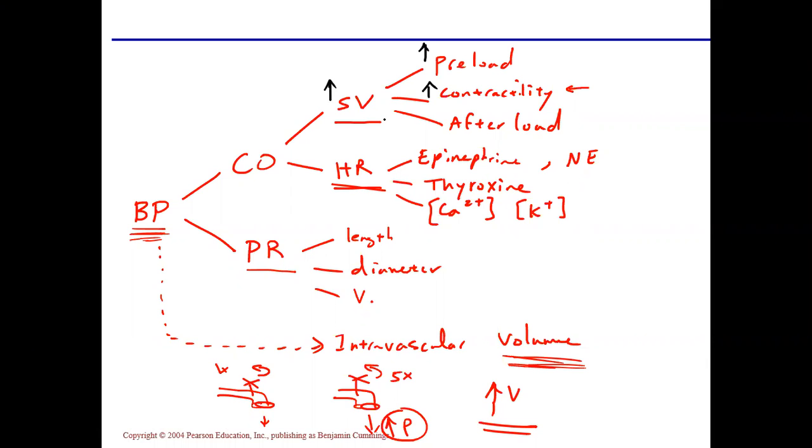Because the stroke volume is going to go higher, the cardiac output is going to be higher. Because the cardiac output is going to be higher, blood pressure is going to be higher. In other words, if you have a blood pressure device and you exercise and then take the blood pressure, you notice that the pressure is going to be higher. Okay, so in this case, that's what happens. All right, so very simple.